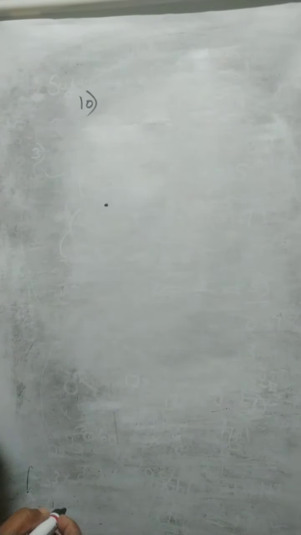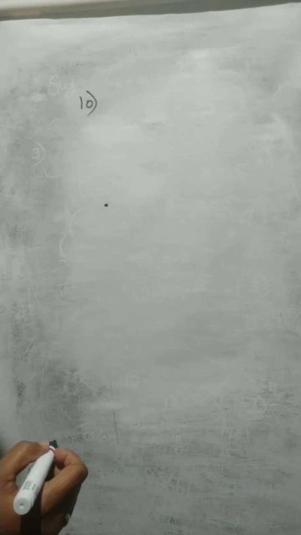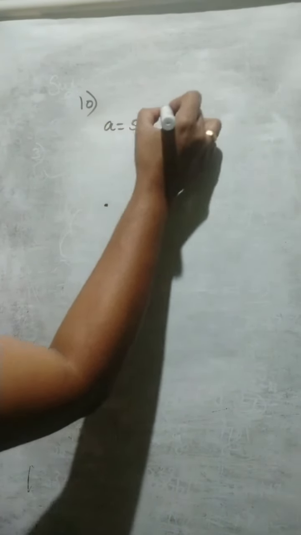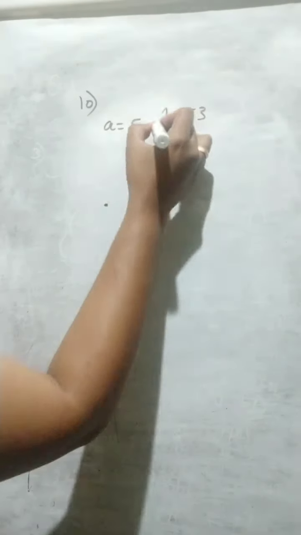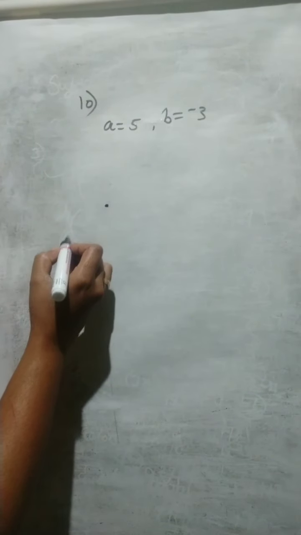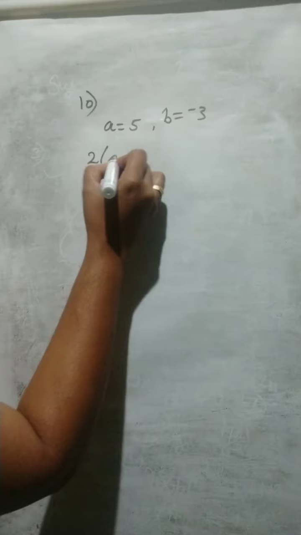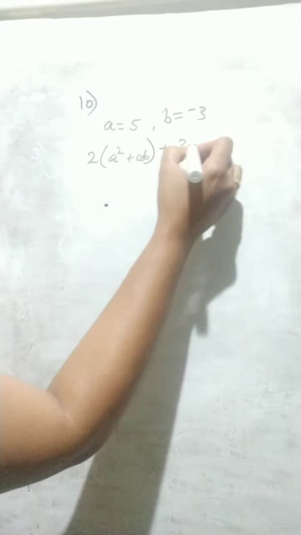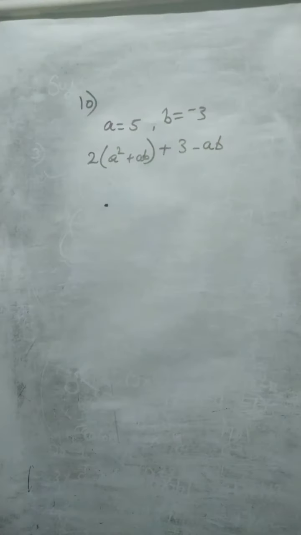Then question number 10. Simplify the expression and find its value when a is equal to 5 and b is equal to negative 3. The expression is 2 of a square plus ab plus 3 minus ab. Got it?